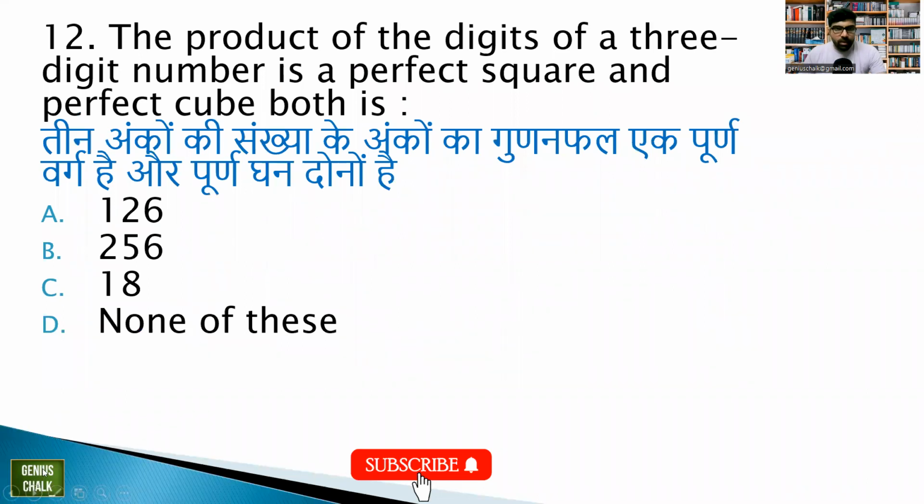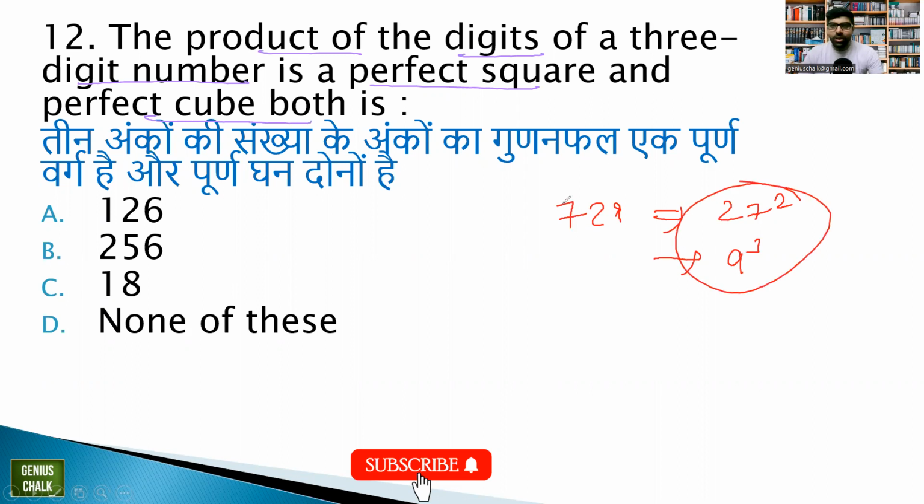Okay. The last question of this session: the product of the digits of a 3-digit number is a perfect square and a perfect cube, both. Please remember this. This is a mug up question, so I'm telling you, please remember this question. For example, the number is 729, which we know is 27 squared, as well as a 9 cube.